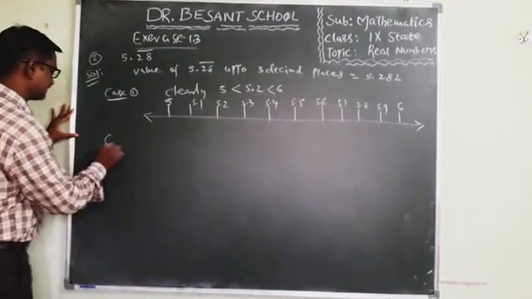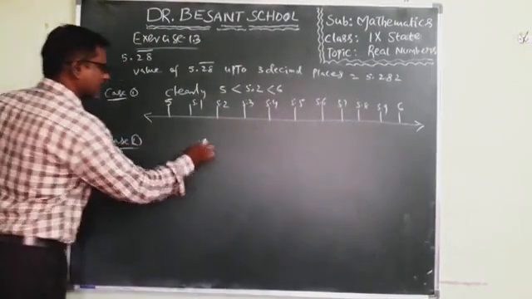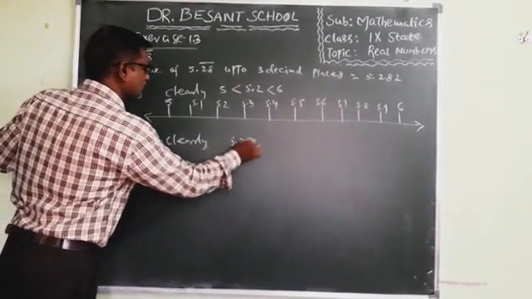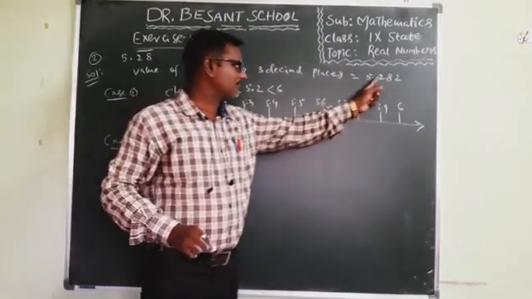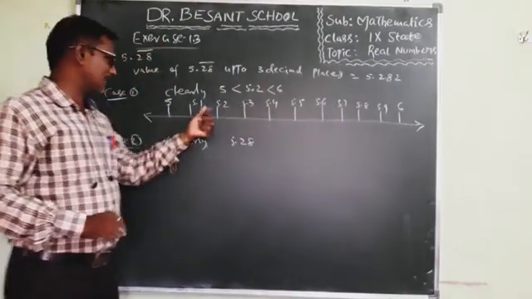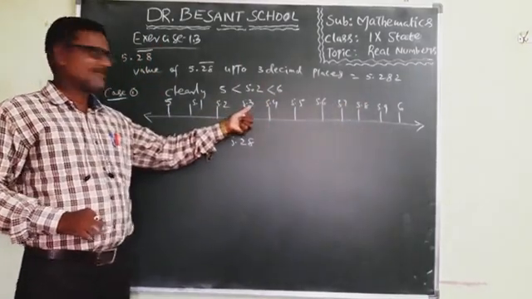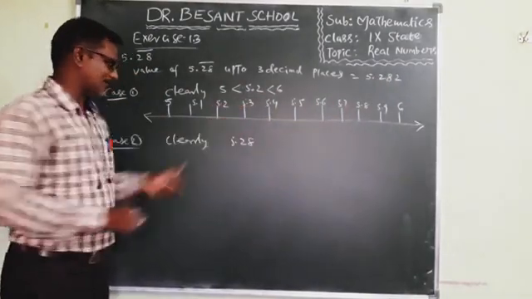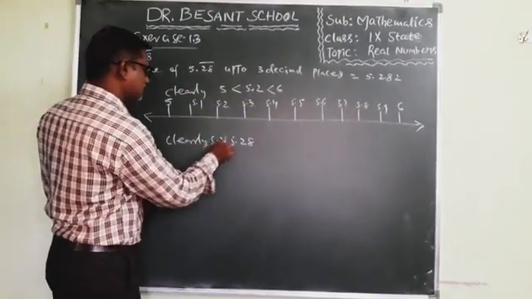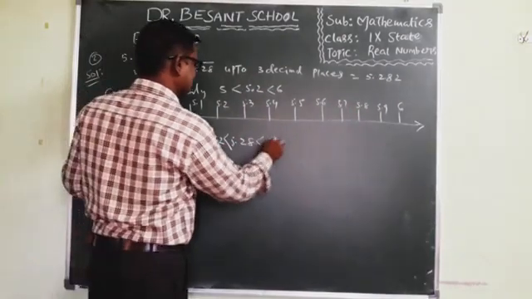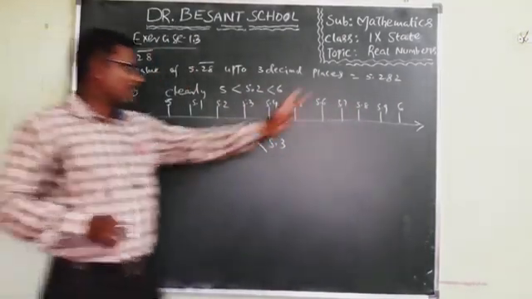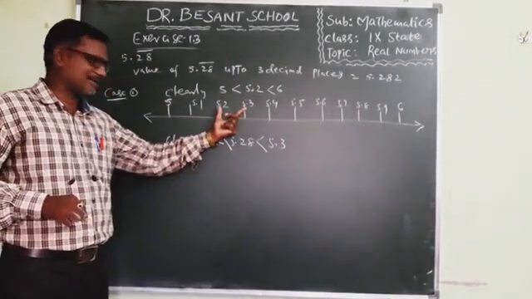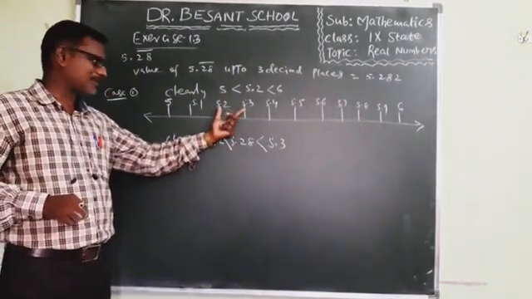So next step, case 2. Clearly, where will you get 5.28? 5.28 lies between 5.2 and 5.3. So clearly 5.2 is less than 5.28, which is less than 5.3.